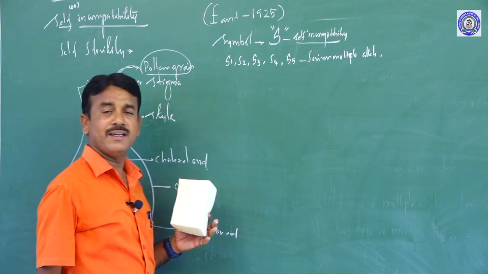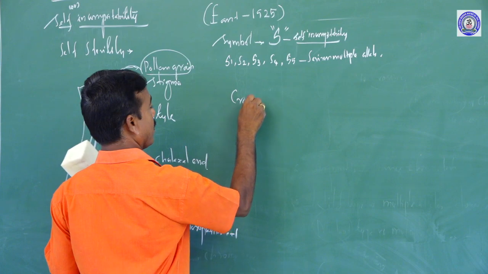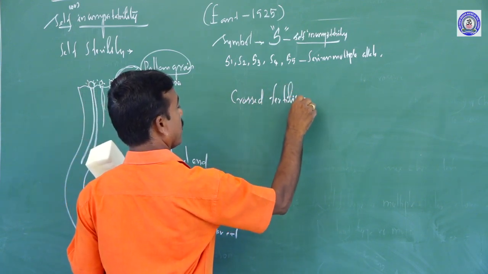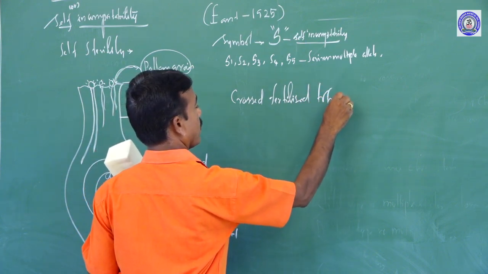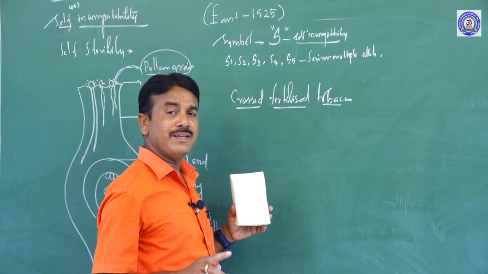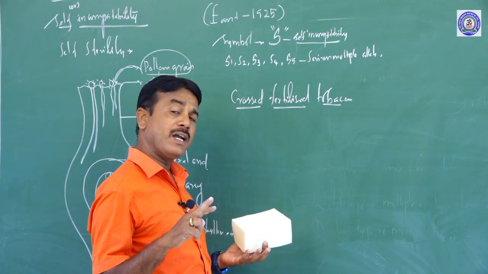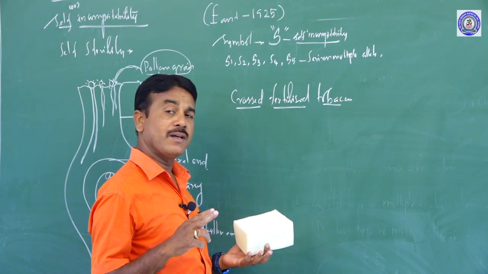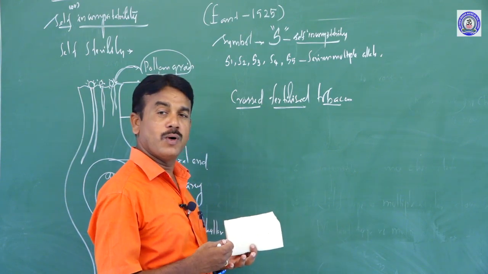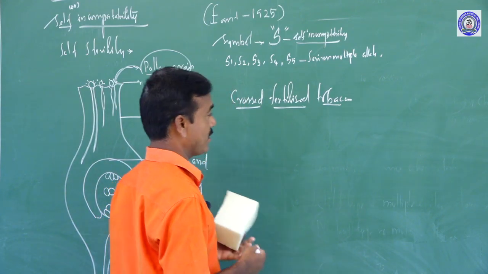So when you make a cross-fertilized tobacco, what is a cross-fertilized tobacco? The crossing is made between two different kinds of tobacco. If the crossing is made between two different kinds of tobacco, it means the alleles are not homozygous.